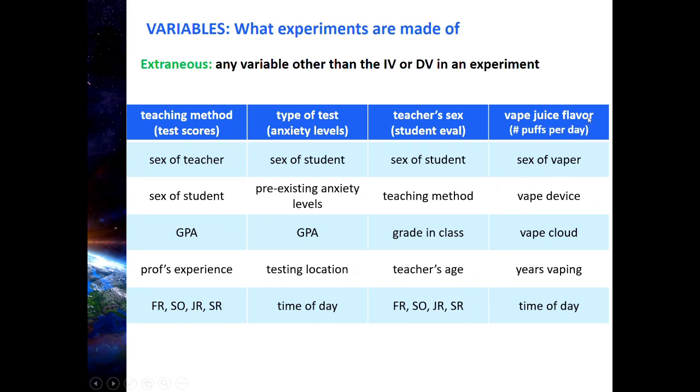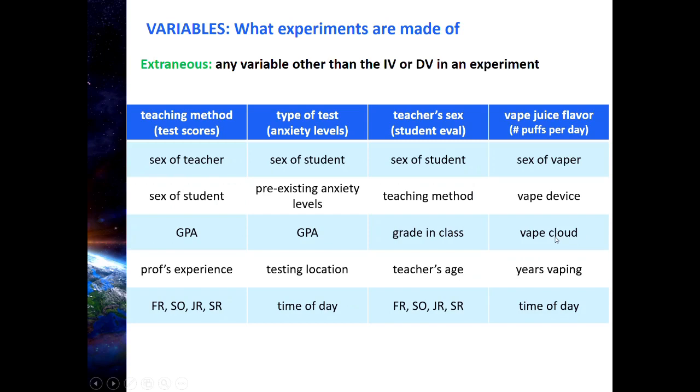And the last example, vape juice flavor was the independent variable. Number of puffs per day was the dependent variable. So what are some other variables that might be present? Well, what about the sex of the vaper? What about the specific vaping device? They're not all created equal. What about the size of the vape cloud?